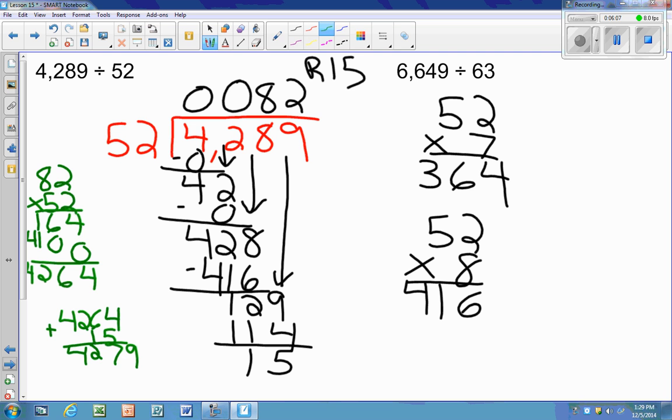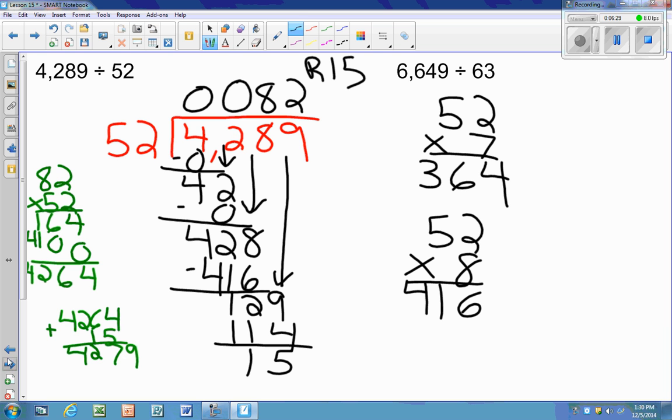So now I'm going to go back to my division and see what I did wrong in my division, if I did anything wrong. So I say 8 times 52, we had said was 416, and when we subtracted that, we got 12. And then when we did 2 times 52, we got 114.